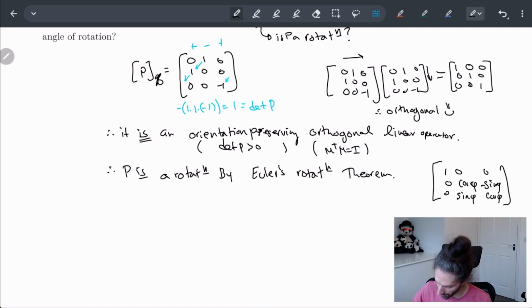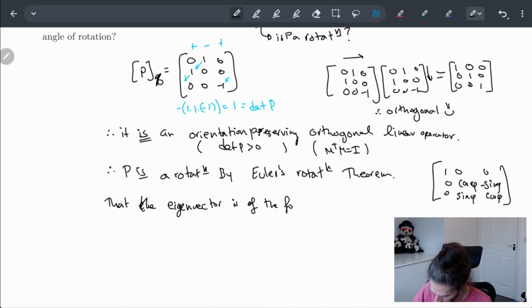And we basically showed that the eigenvector is of the form alpha e_x plus e_y. So this is what we had done last time.